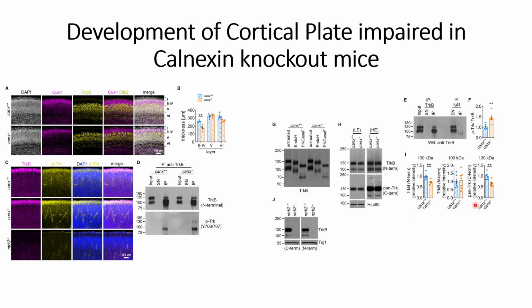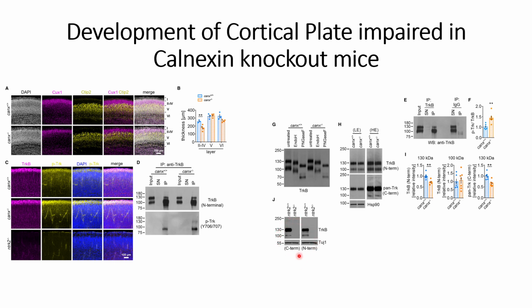However, they have not shown the results for the C terminals, but it looks like the C terminal phosphorylation seems to be increased compared to the non-phosphorylated TRKB. So this further indicates that the phosphorylations are overcrowded in the case of calnexin knockout.